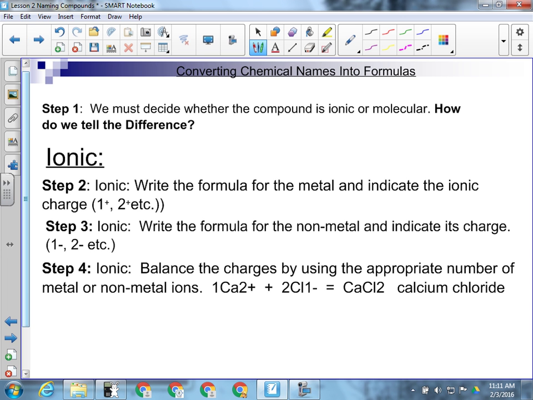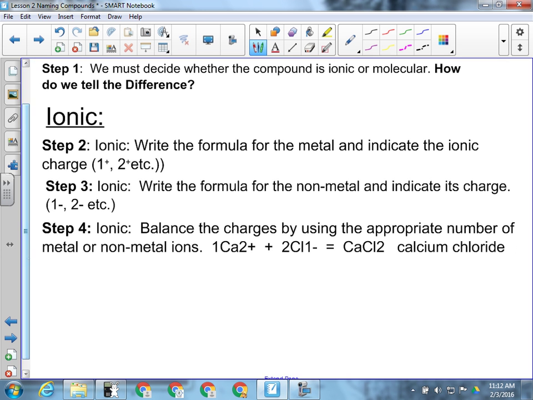Okay? First thing you got to do is read the name and decide, is this stuff ionic or molecular? And we can tell that by the presence of a metal. If there's a metal involved, we're dealing with an ionic compound, and then we're going to have to use the drop and swap. Okay? So that's what these steps are talking about. If you're dealing with an ionic compound, write the formula for the metal and indicate its charge.